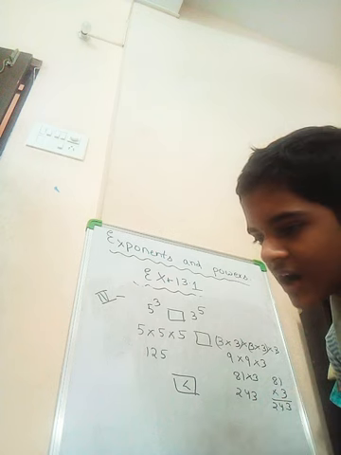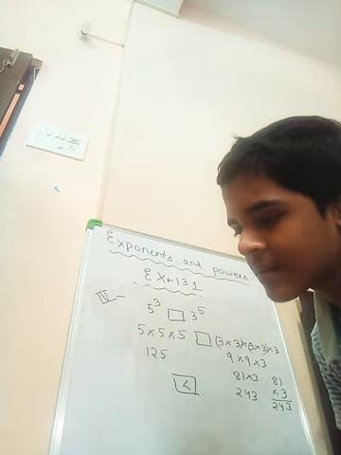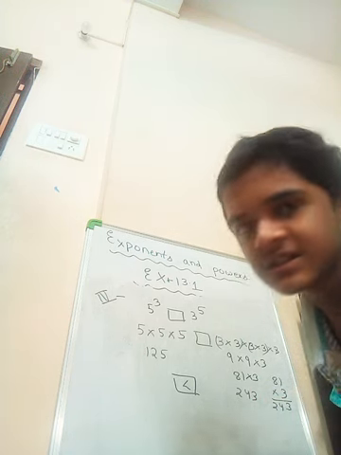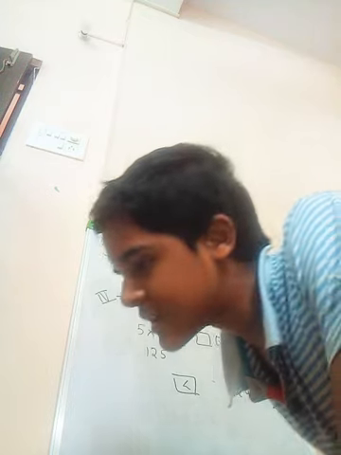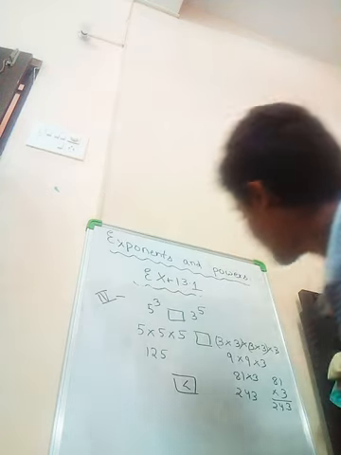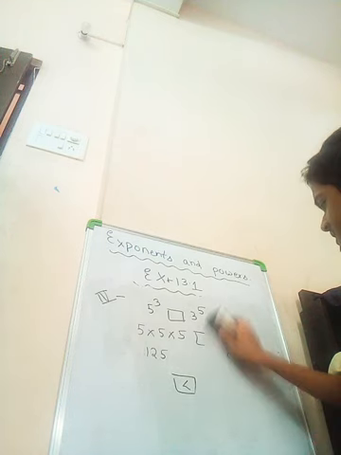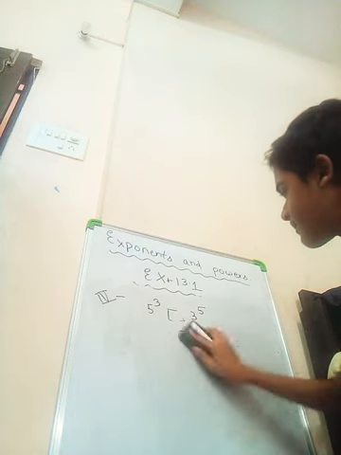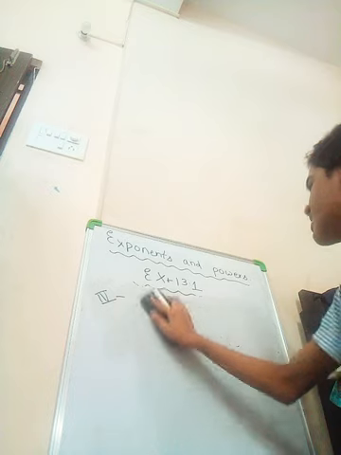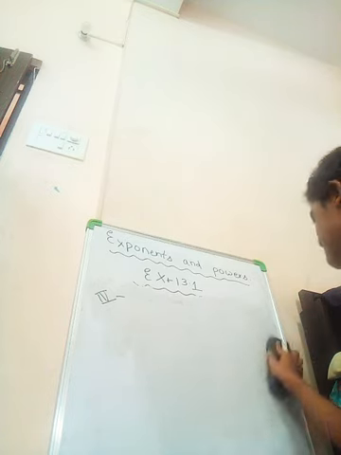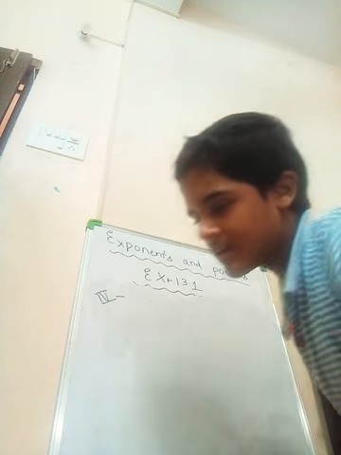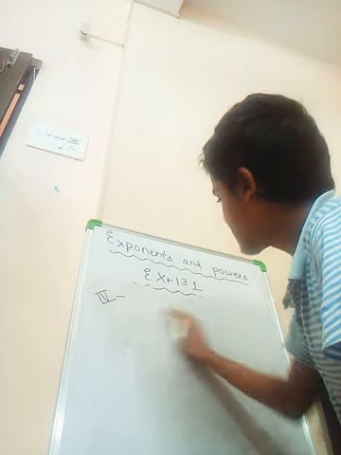So understood guys. Now we will go for our final and last question, which is 2 to the power 8 or 8 to the power 2. This is our last and final question. And one more easiest way to identify which is the bigger one is by seeing the powers.